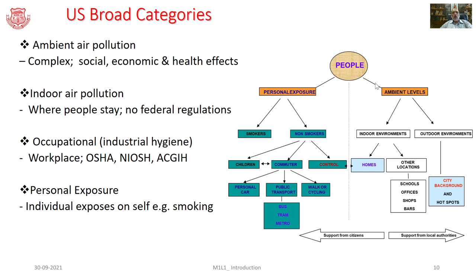As we consider the total people that are exposed to air pollution phenomena, it can be categorized broadly under two classes. One is related to the ambient atmosphere, which again could be considered in terms of indoor environment as well as outdoor environment.